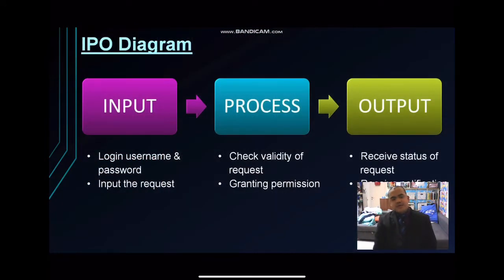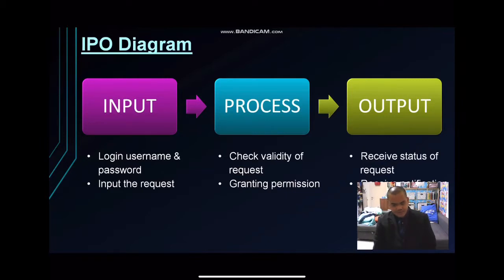The IPO diagram. There are three processes in an IPO diagram: the input, the process, and the output. Input: required action in order to create the required output. The process: the steps in creating the outputs from the inputs.